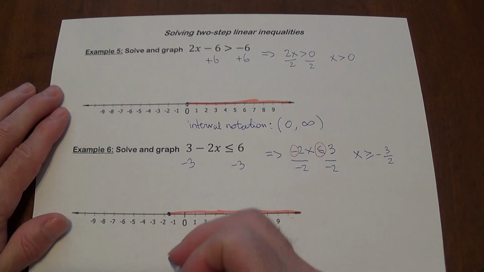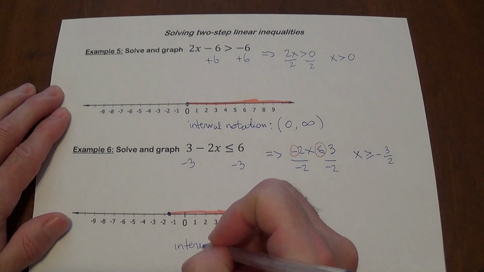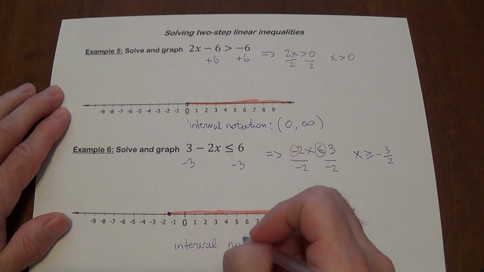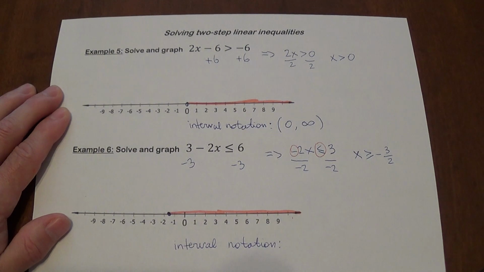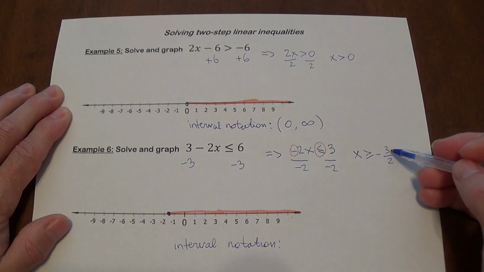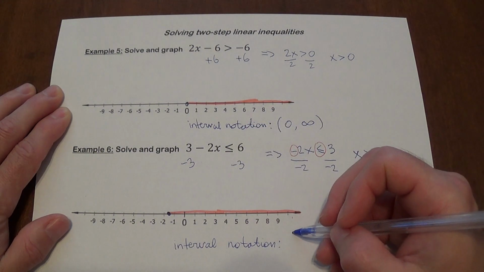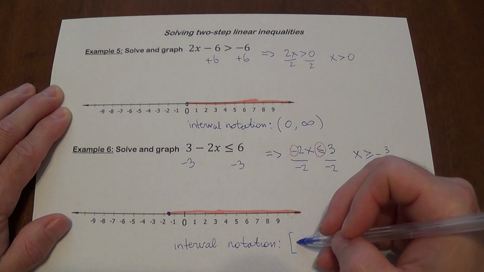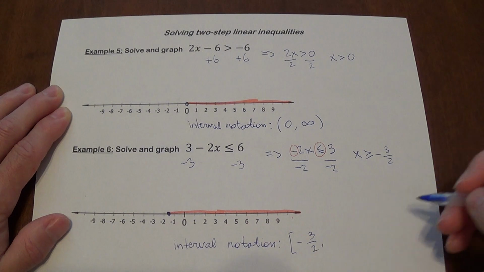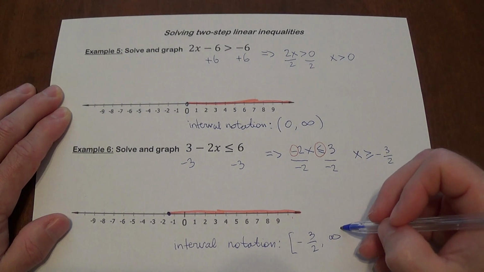So when we write interval notation, we start at negative 3/2, we're still going to the right, but because it can equal negative 3/2, we're going to use a bracket. From negative 3/2 to infinity.